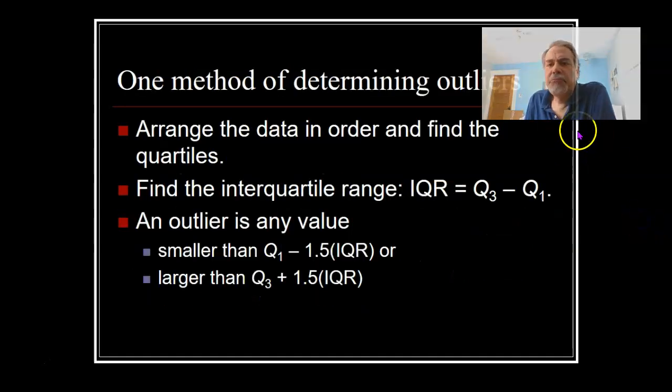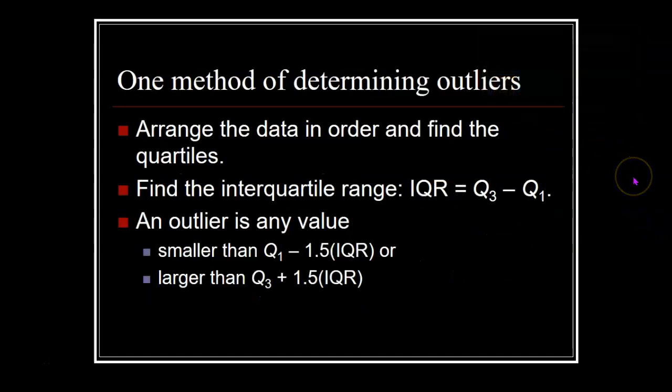So I said I'd talk about what counts as an outlier. How far above or below the rest of the data does a number have to be before it really counts as being an outlier? So here's one method that's used. The interquartile range is what you get if you subtract Q3 minus Q1. In the last section, we said the range was the highest value minus the lowest value. So that's how far apart the biggest and smallest of all the values are.